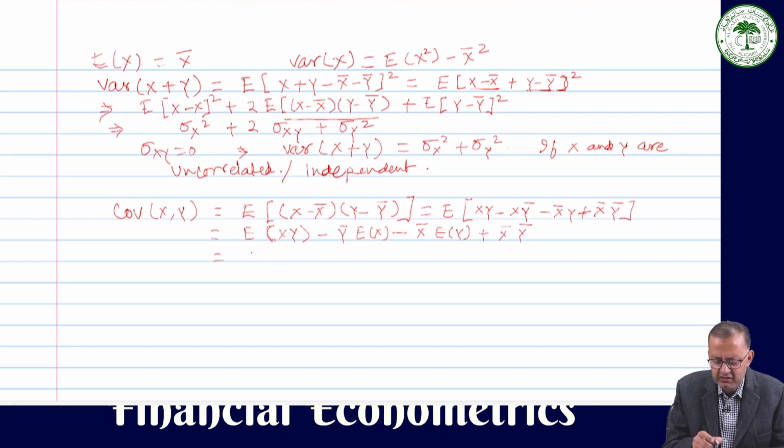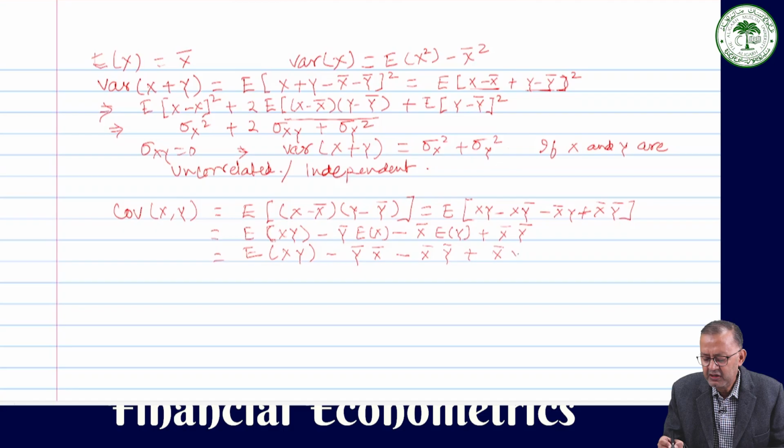this is equal to the expected value of xy minus y bar x bar minus x bar y bar plus x bar y bar. So one gets cancelled out. Finally we are left with the expected value of xy minus x bar y bar.